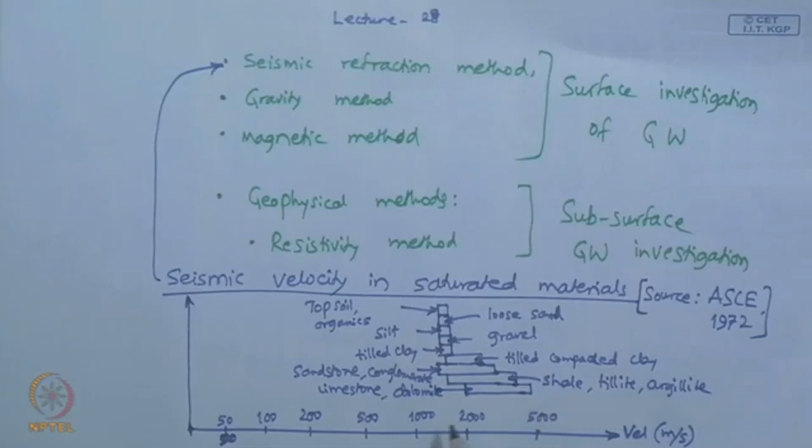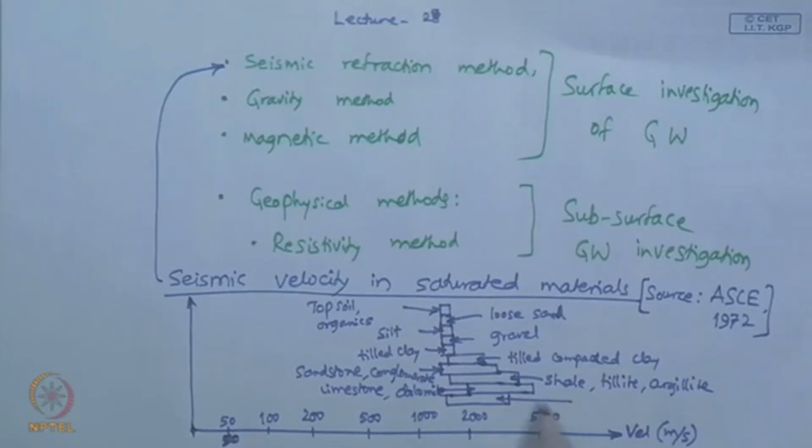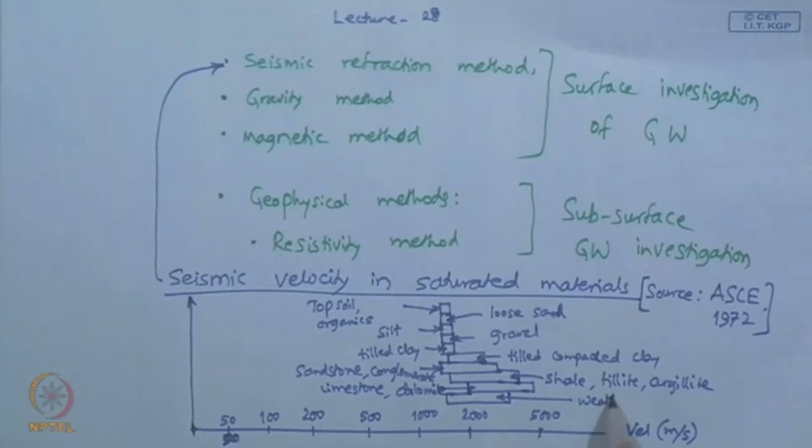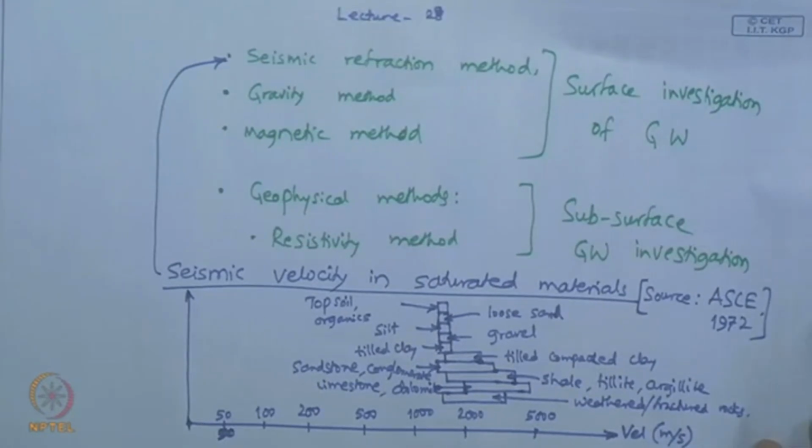And next is weathered or fractured rocks. In this case the lower range as well as the higher range will be much less than for limestone and dolomite.